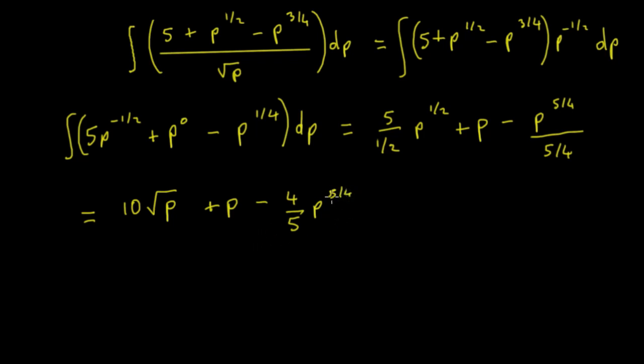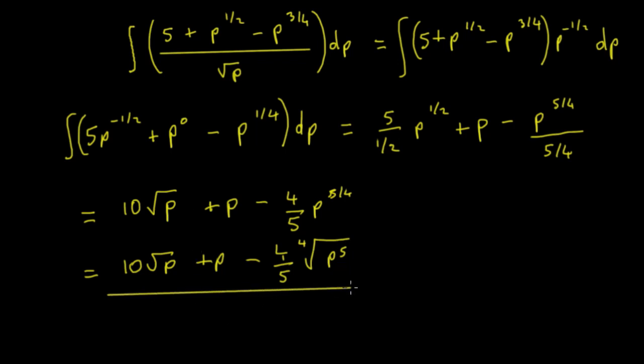So I could write this one here in this terminology here, so that finally we could write it as 10 root p plus p minus 4 upon 5, and we're going to have the 4th root of p to the power of 5. So let's double underline that.